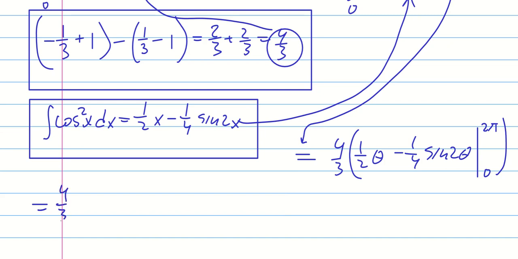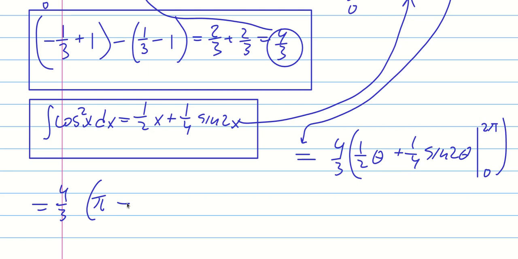So we get 4/3, then we have 2 pi over 2 will be pi, and then 1/4, but if I plug in 2 pi over here, we're going to get sine of 4 pi, but it's just going to be 0. Then we put a minus, and then we plug in 0. Oh, I'm sorry, I put the minus. This should be plus, sorry.